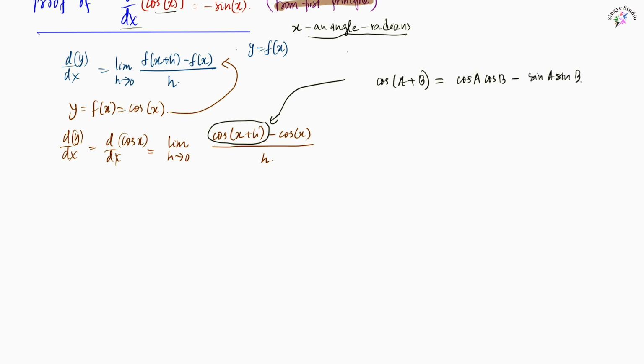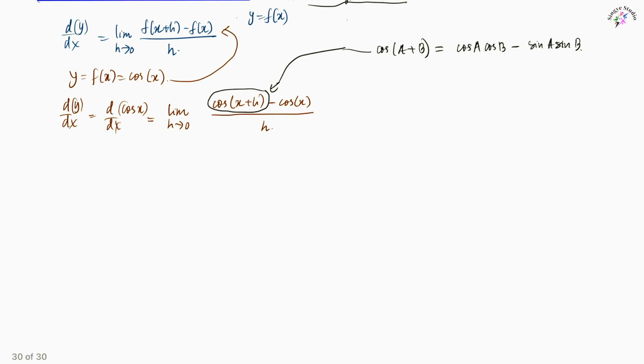So we can expand this using this formula from the angle identity, and we will have the limit as h approaches 0 of cosine x cosine h minus sine x sine h minus cosine x, right, divided by h.